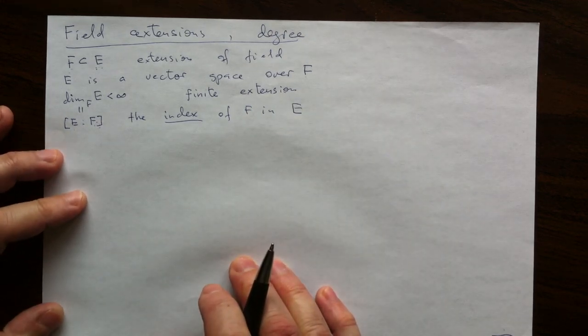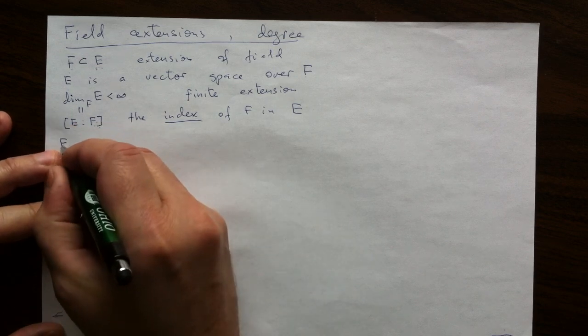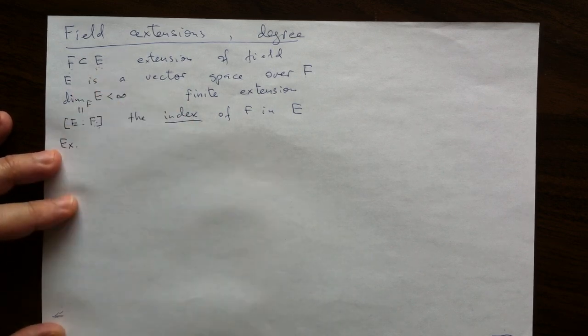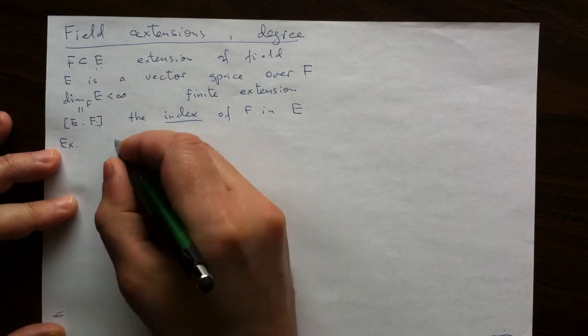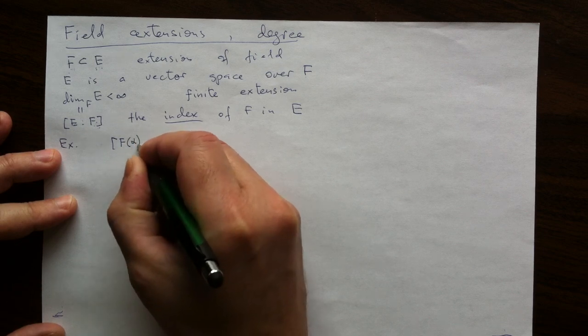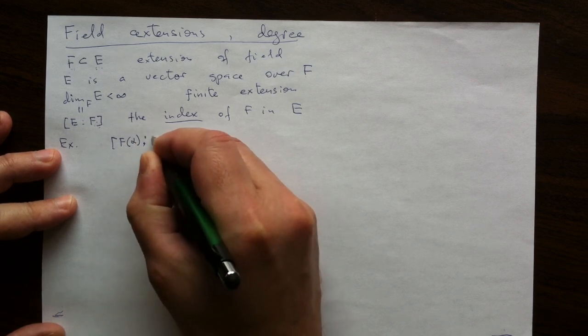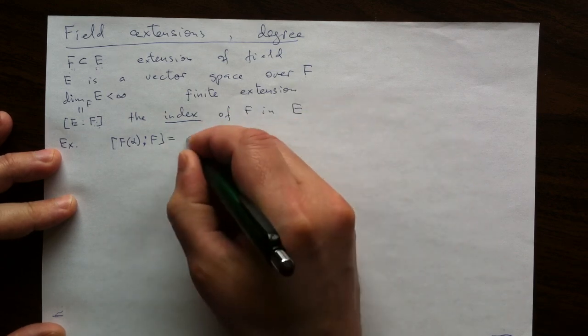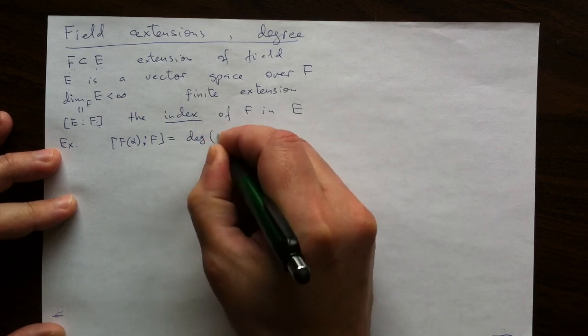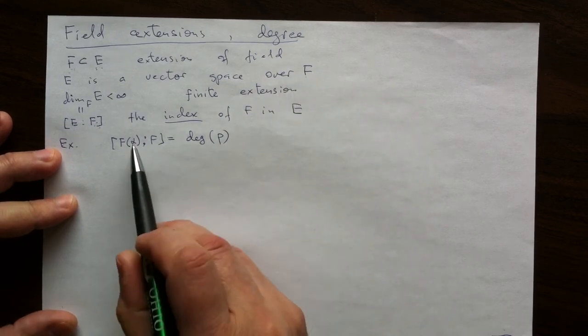So the first example comes from a special class of extensions we discussed before, extensions where we attach just one single element alpha on top of F. And the index, this dimension of the result of such attachment, is equal to the degree of the smallest possible polynomial for which alpha is a root.